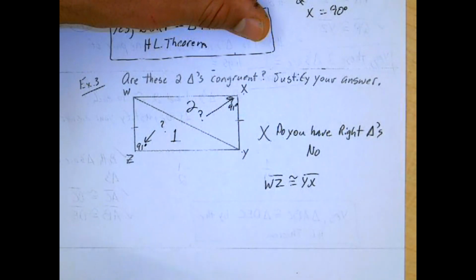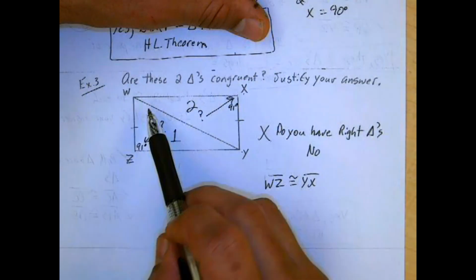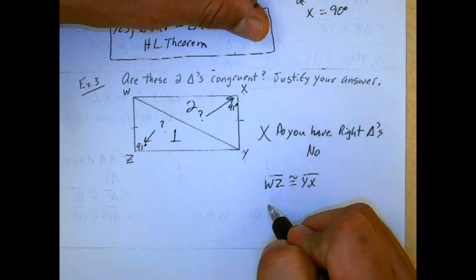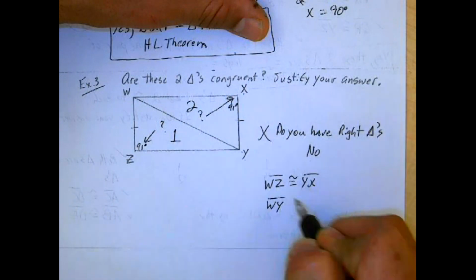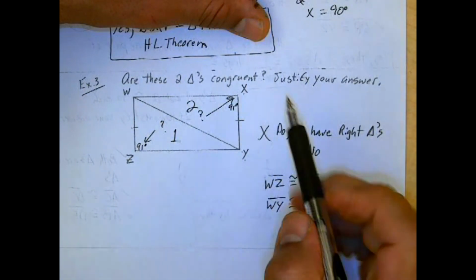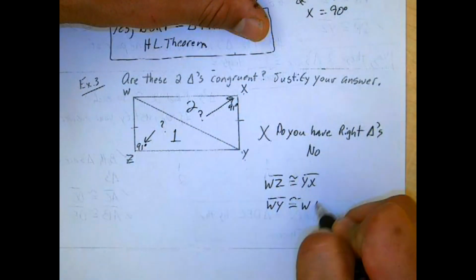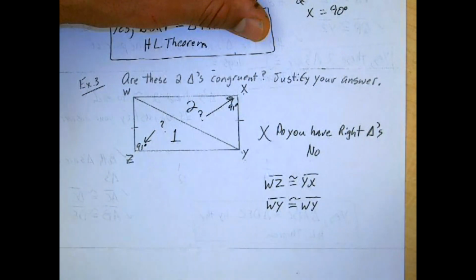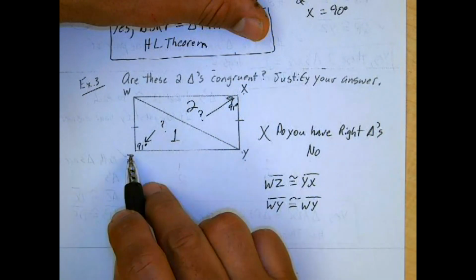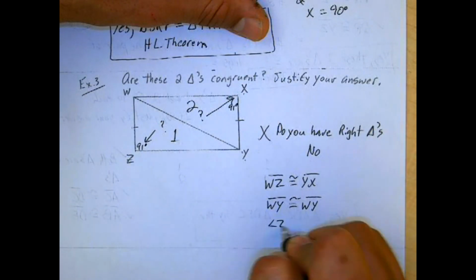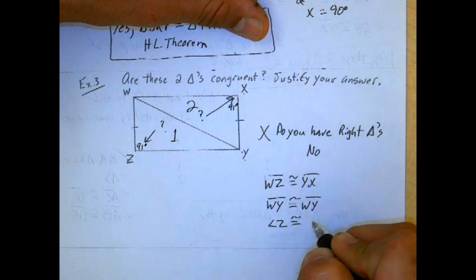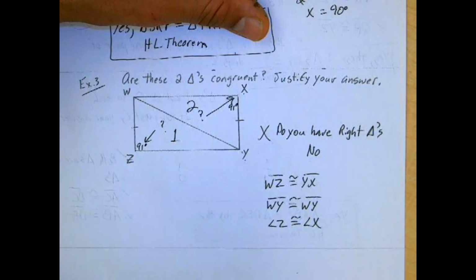That's a set of sides right there. Okay, so we also have WY congruent to itself using the identity theorem. And we also know that angle Z is congruent to angle X. Now, does this help us with anything?